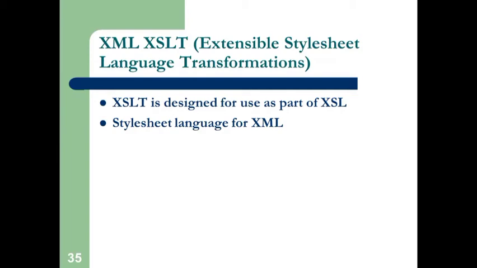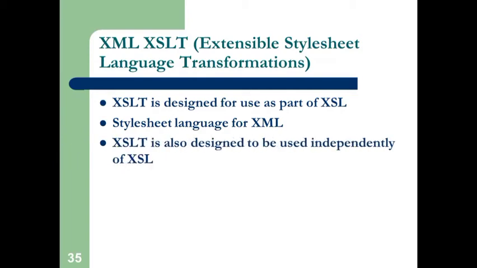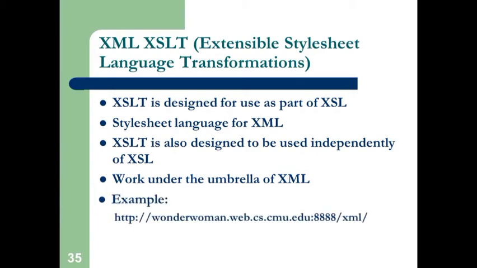Like for HTML we add CSS, XSLT is also designed to be used independently of XSL. So you do not need to code XSL, you can code only in XSLT. XSLT is basically like CSS is for HTML; for XML we use XSLT, and it works under the umbrella of XML.